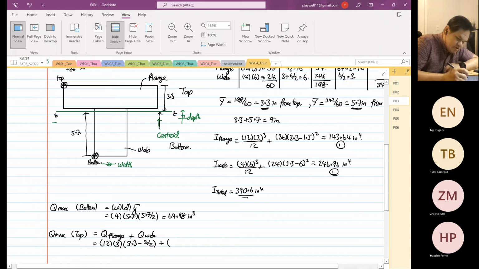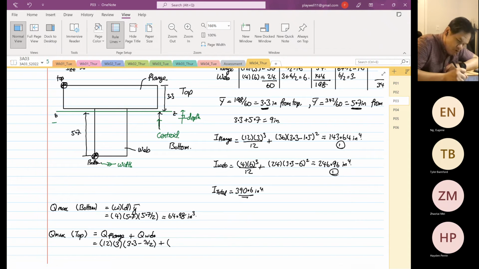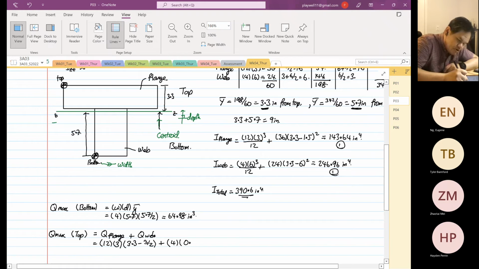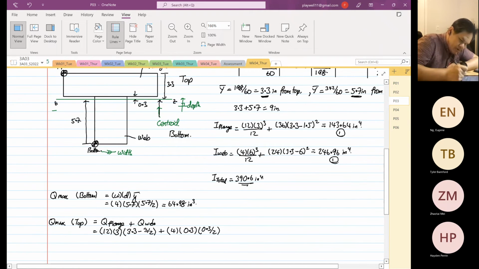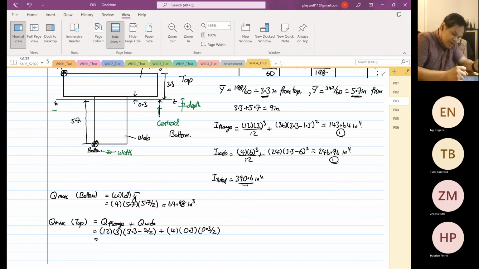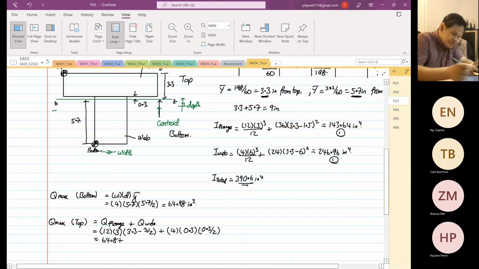The web width is 4, the depth is 0.3, because this distance from here to here is 0.3, and the y bar is 0.3 divided by 2. So this is 12 times 3 times (3.3 minus 3 over 2), which is 64.8, plus 4 times 0.3 times 0.3 divided by 2, which is 0.18. So it's equal to 64.8 plus 0.18, which is 64.98. Exactly the same, right?